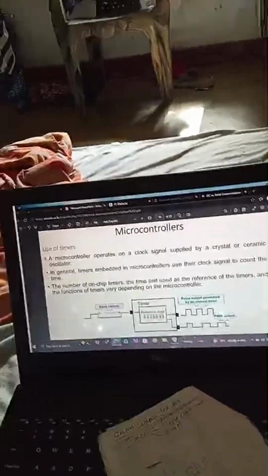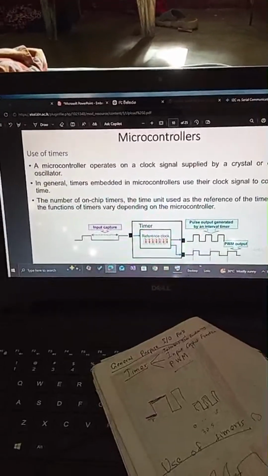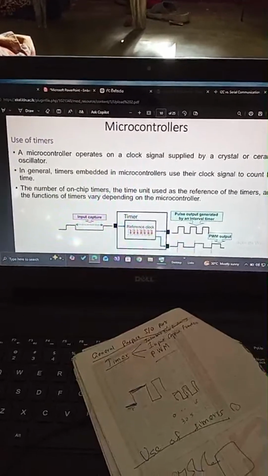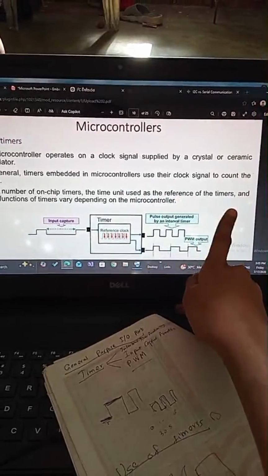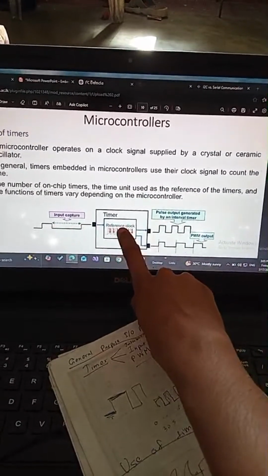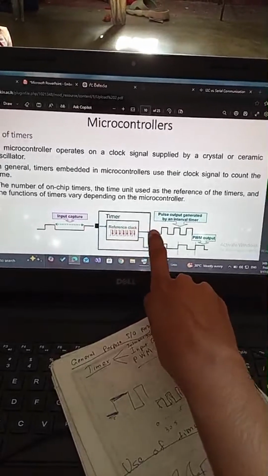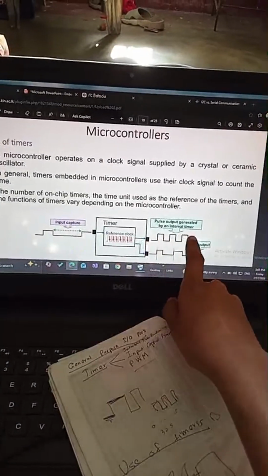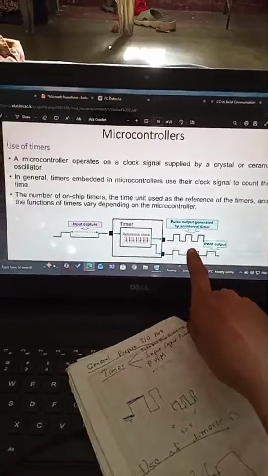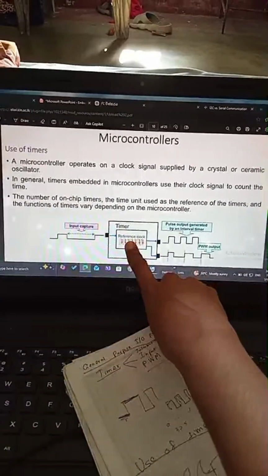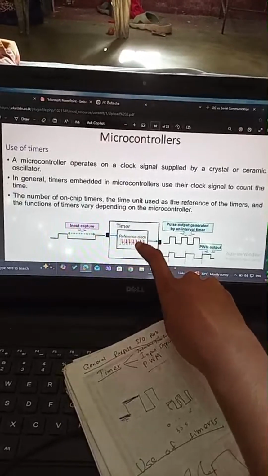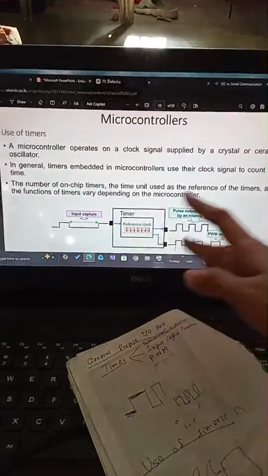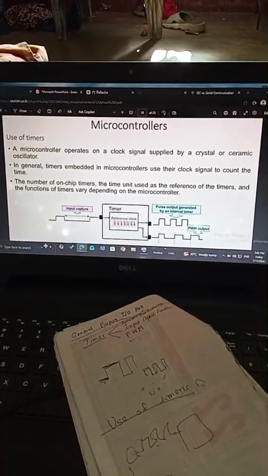But what those things are, I don't understand. Maybe this is a reference clock, according to which other clock pulses go, something like that, I think. So the unit of this time signal differs from one microcontroller to another. That's what I understood.